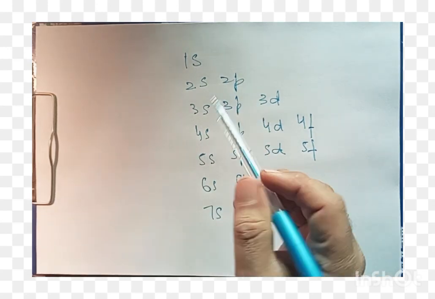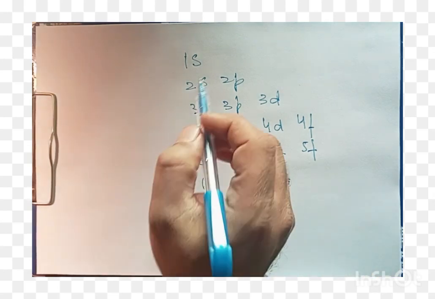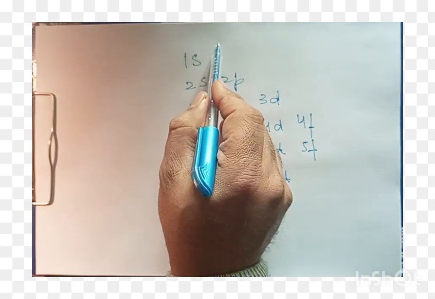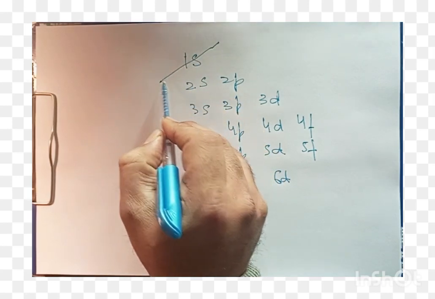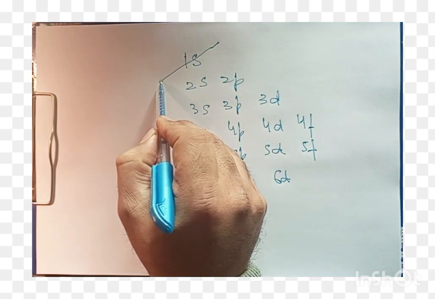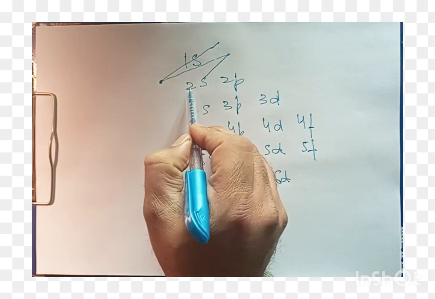Now, in order to have the idea in mind, so that all these orbitals are arranged in increasing order of their energies, all we have to do is to start from here. Okay, so we'll start from here, and then we'll go back, and then we'll come back here.